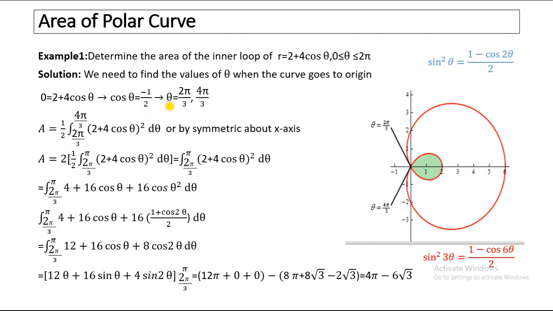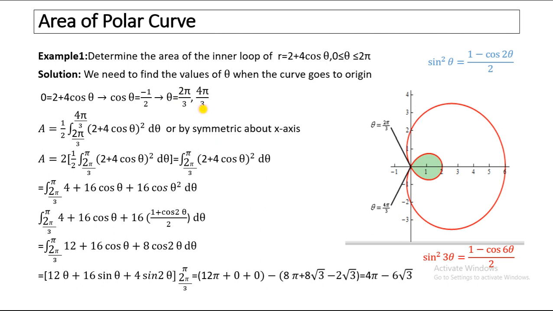In the second quadrant, theta equal pi minus pi over 3, and the result is 2 pi over 3.